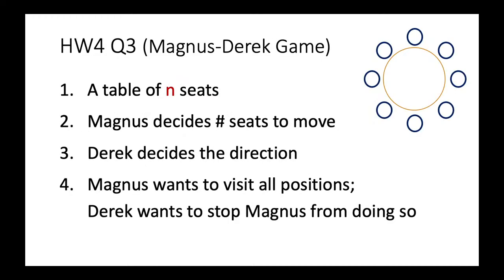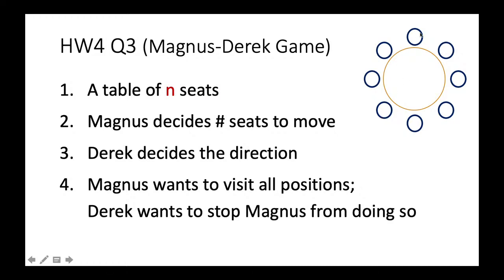Question number 3 is about a game called the Magnus and Derek game. In this game, we have a table of n seats. So altogether, there are n positions around the table. At the beginning, let's say Magnus is at a certain location. Let's say Magnus stands here. What Magnus wants to do is visit all the positions around the table.